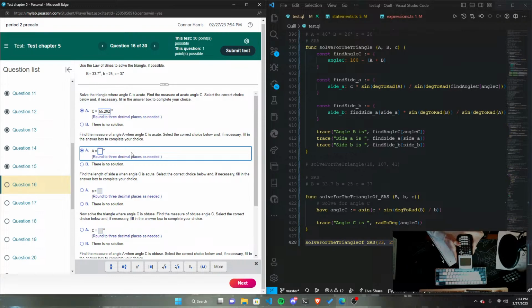Let me just clear my calculator here. So then we would do 180 minus 33.7 plus 55.202. Get roughly 91.098.